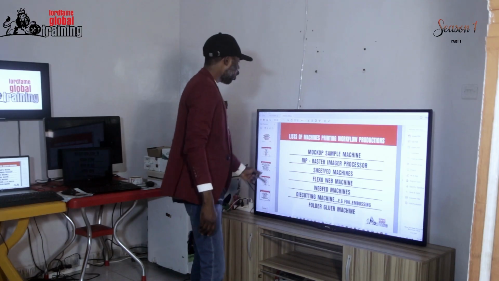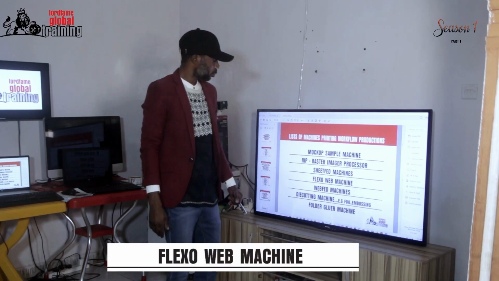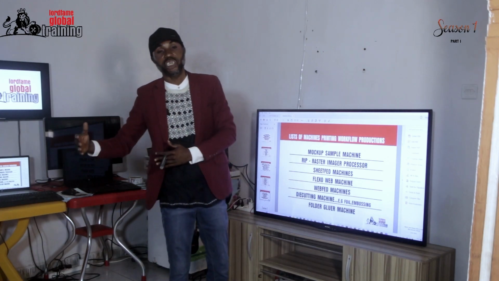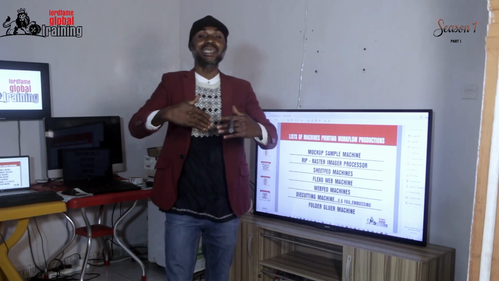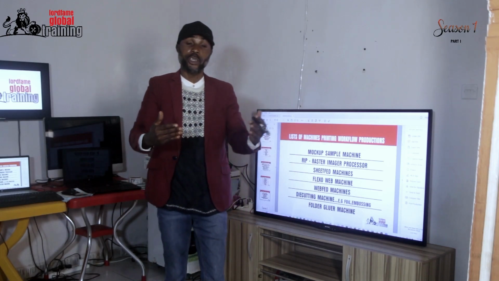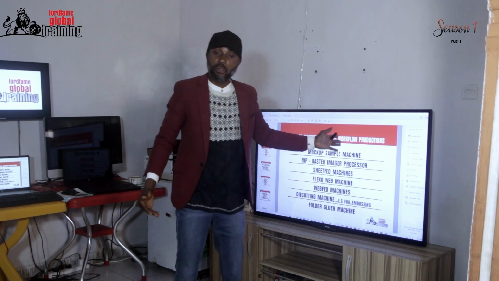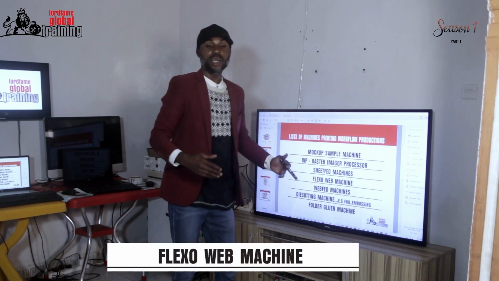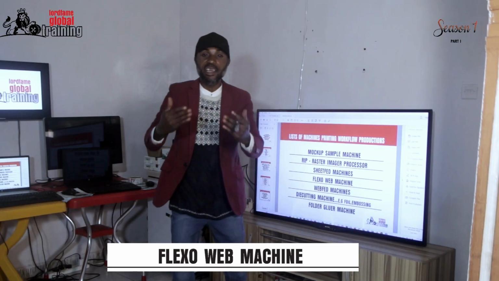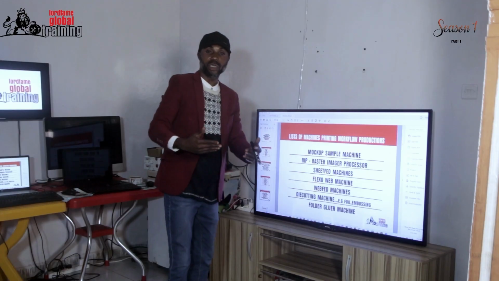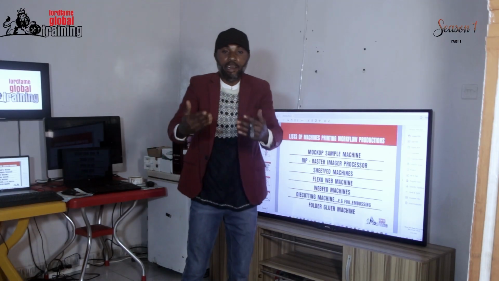There's another machine we call flexo web machine. Flexo web machine is a machine that prints on a reel. I told you that sheet-fed was printing on a sheet, but this flexo is printing on a reel. That's why they call it flexo web machine, because it's printing on a reel.